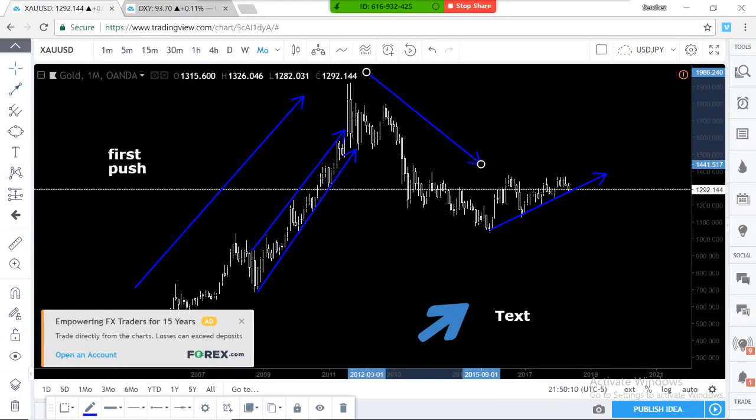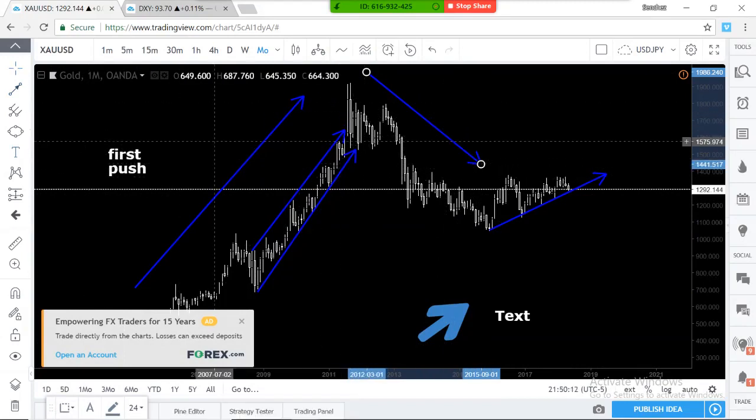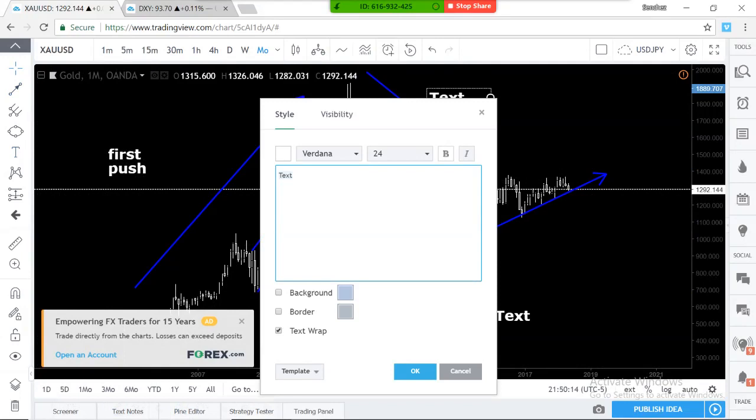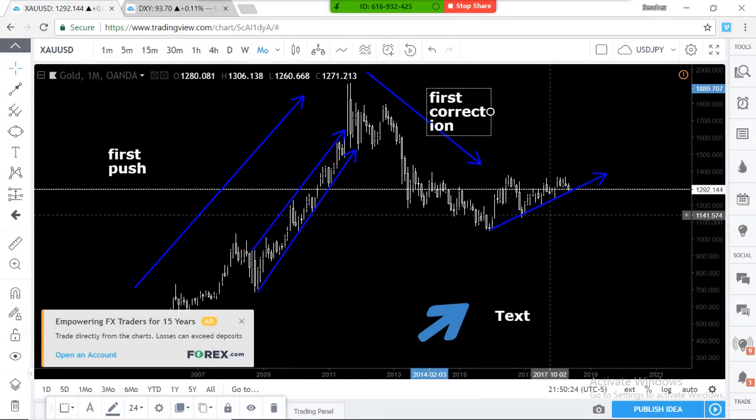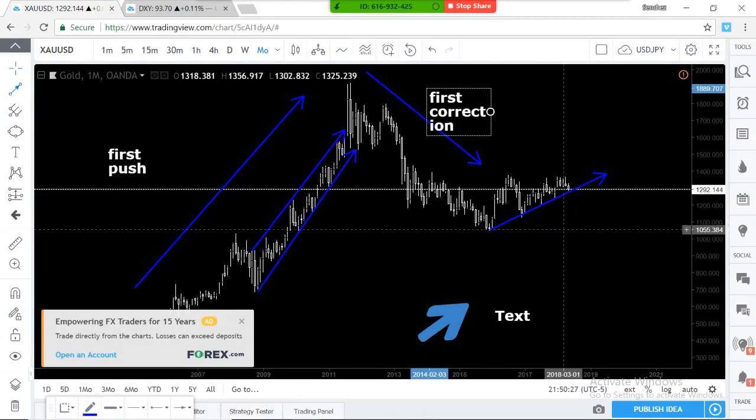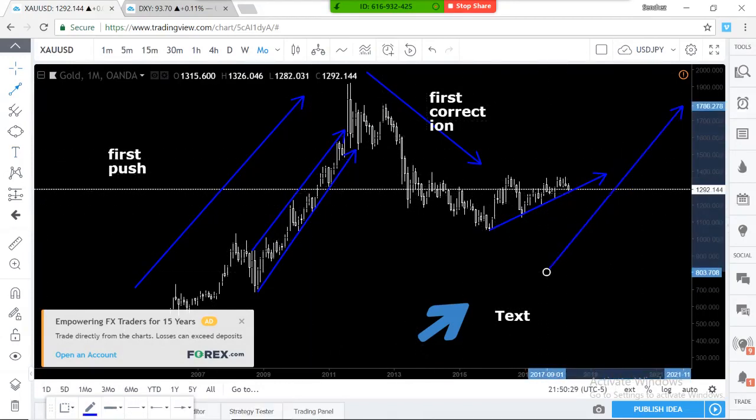Right in front of you. First correction. And this is on the monthly. You know what I mean? And then this third one is your second push. So right now we're doing our second push.